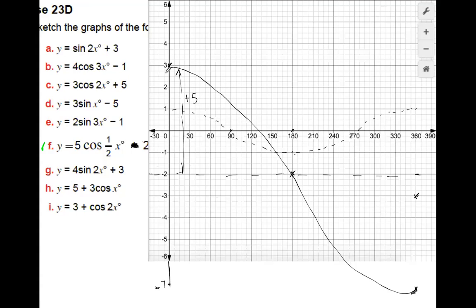But normally, if I had +2, instead of the 5, you would get a +7. And instead of the -7, you would get a -3 here, if I had moved it +2. Okay, that's what it would look like. And then you can just say, this is 5 cos half of x take away 2.